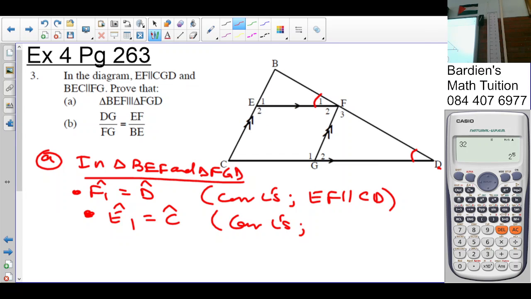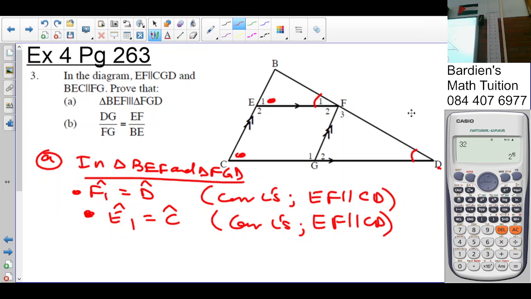So EF is parallel to CD. So this angle here is equal to that angle here. Then we look at the corresponding angles lying that way. So this is again GF parallel to BC. You must name the right parallel lines with the right angles in question.